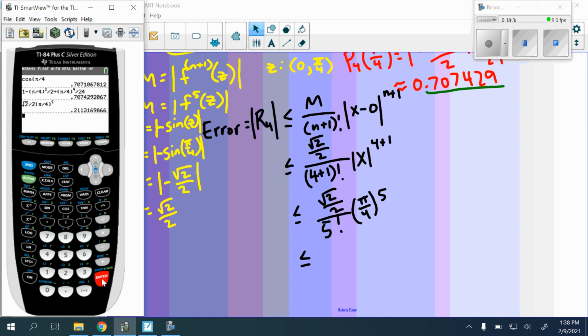So we want to take all that, and then we want to divide it by 5 factorial. So divided by 5. And in your math menu, if you go to the probability, you can find that factorial key.